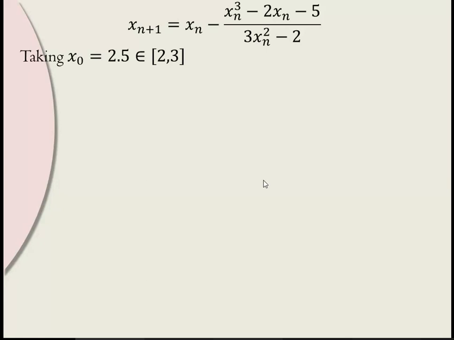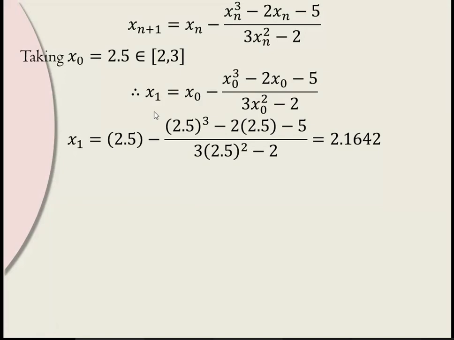So using the standard formula and taking x naught as 2.5, we find x1. Put x naught equal to 2.5 in this formula, simplify it, do the calculation, get x1. So x1 comes out to be 2.1642. Previous was 2.5, now we got 2.16, they are not matching, so we find x2.